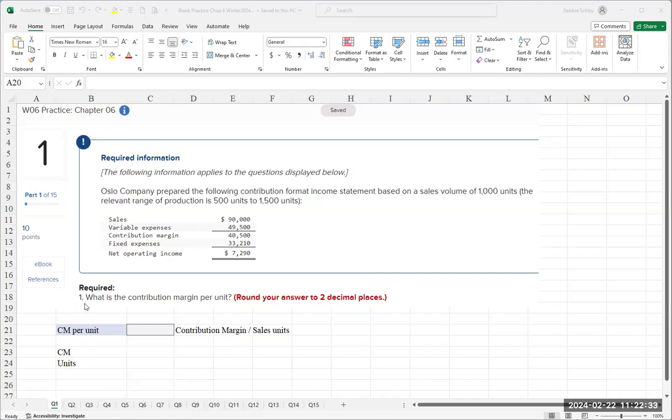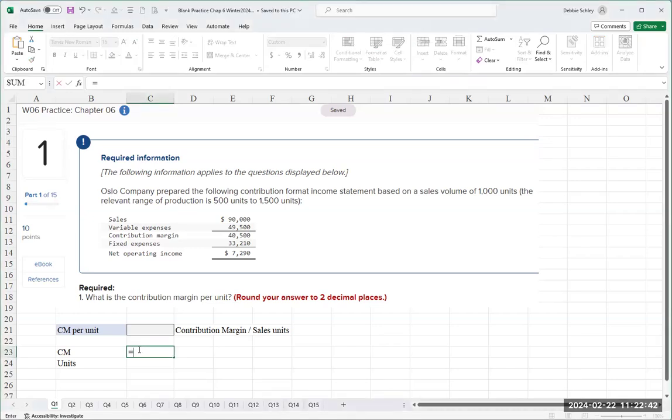They want us to determine what is the contribution margin per unit. So the way we do that is we need the contribution margin, which is 40,500 for my problem. That's right there. And the units would be the 1,000 units.